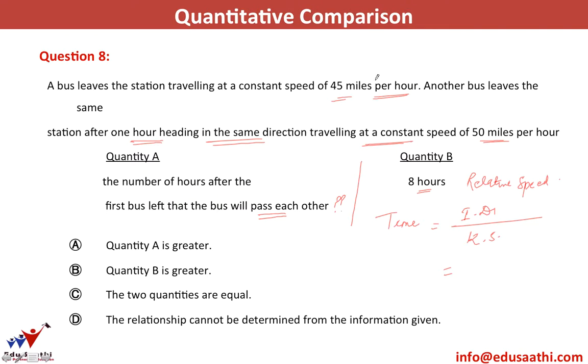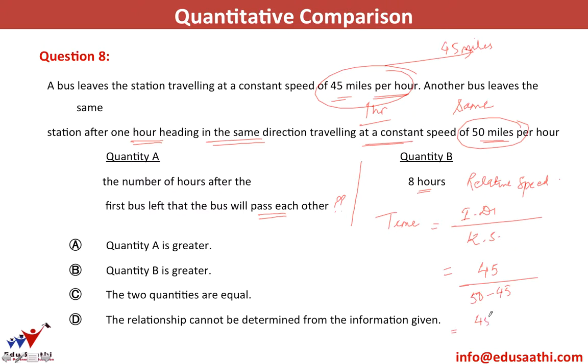Now for the initial distance, since the second bus has started after 1 hour, the first bus would have covered a distance of 45 miles in 1 hour. So the distance that the second bus needs to cover is 45 divided by relative speed. Since both of them are moving in the same direction, the relative speed is the difference of their individual speeds.